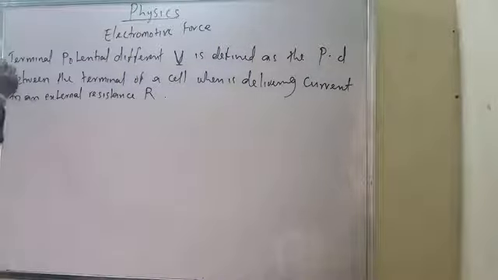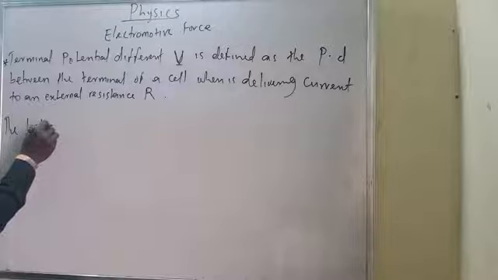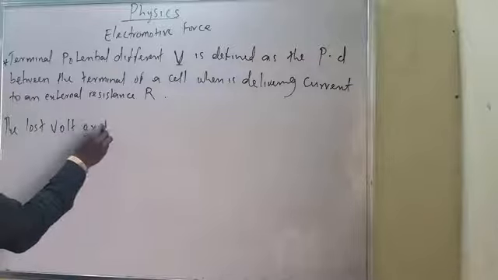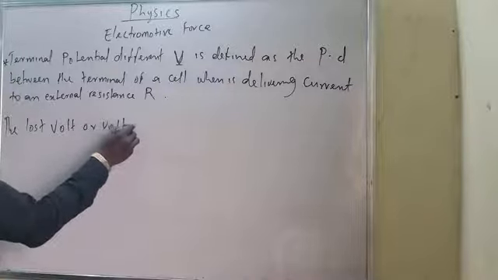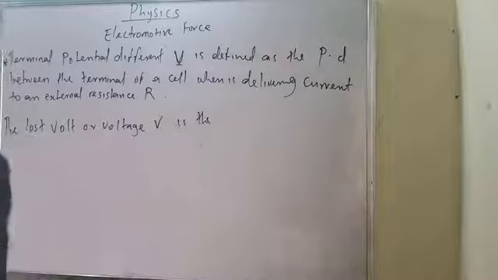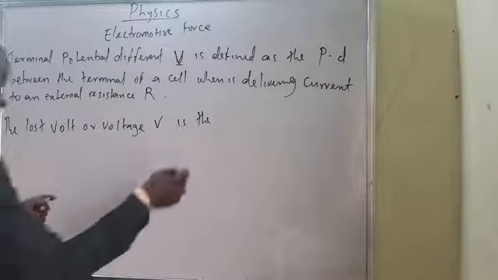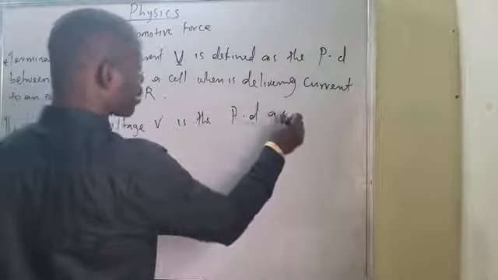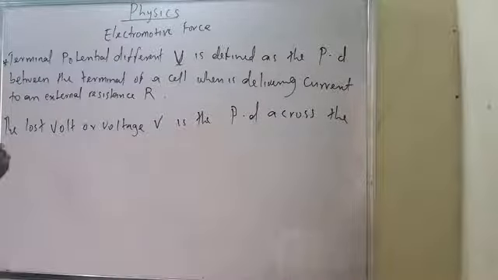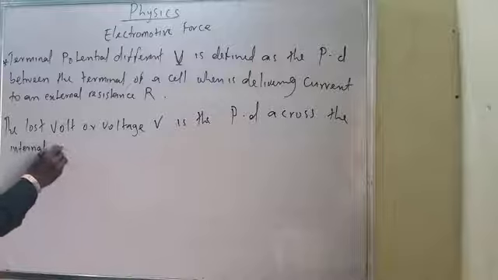The last part of it is the loss of volts, or voltage, which we call small v, and it is the potential difference across the internal resistance.